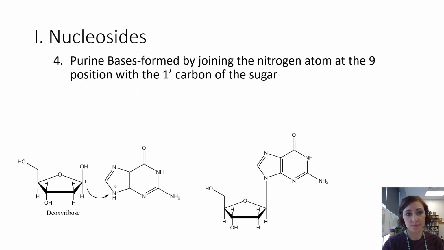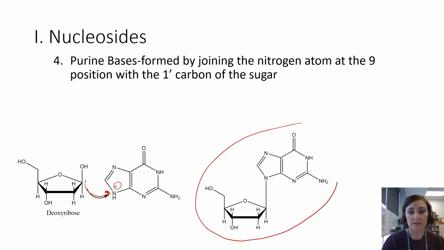If we are trying to form a nucleoside with a purine base, and remember those are your double rings, your pure silver Ag, adenine, and guanine, you're going to join the nitrogen atom at the 9 position with the anomeric carbon from your sugar, from your monosaccharide. And this is what your nucleoside would look like if your monosaccharide was bonded with a purine.